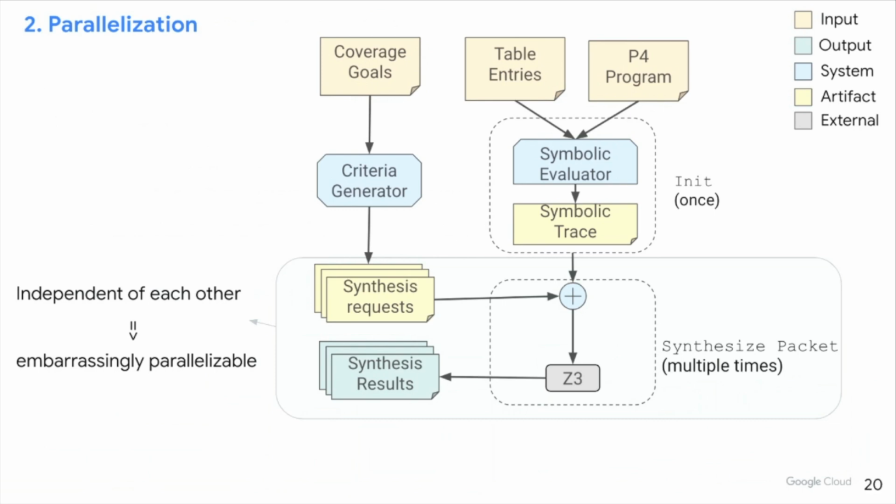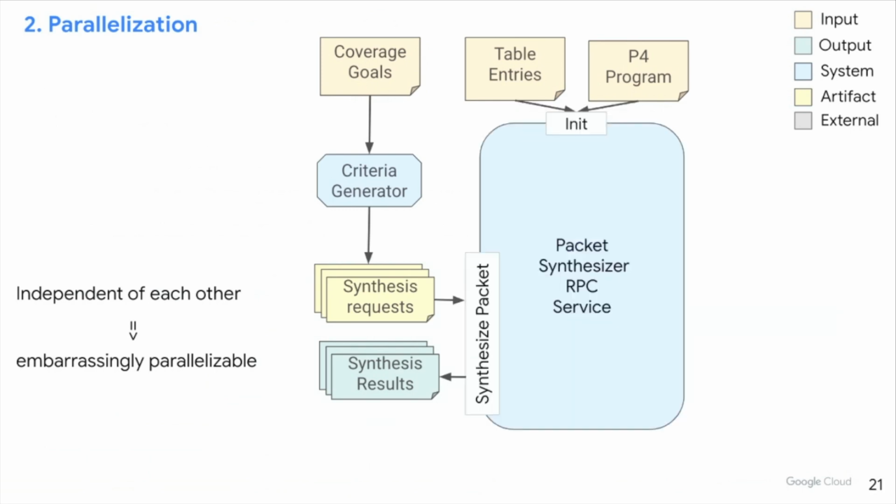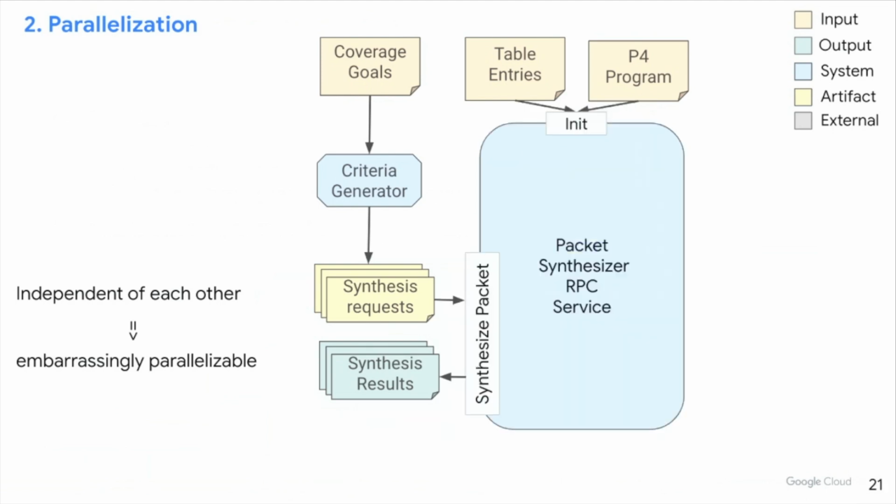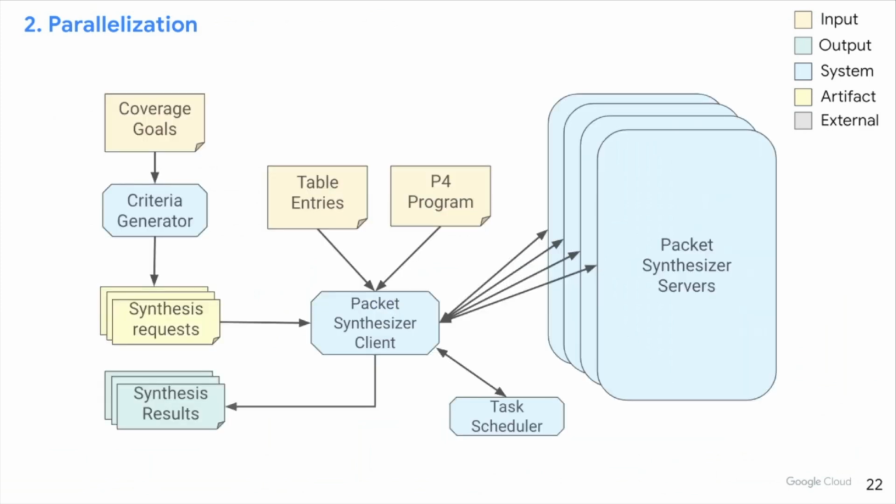As a result, we make the whole symbolic execution and packet synthesis into a service, and now it can be called for each packet individually. Now we can start a bunch of servers, run these packet synthesis services on them, and distribute the synthesis requests among these servers. This way, we can reduce the overall time it takes for synthesizing n packets.